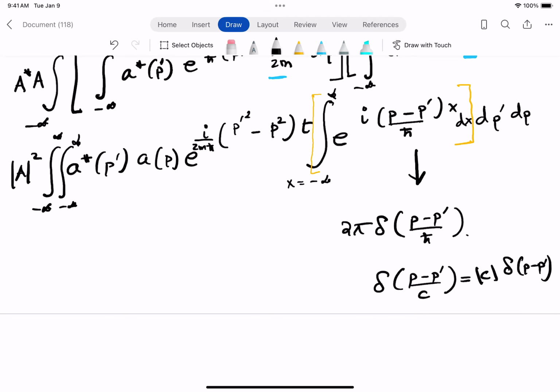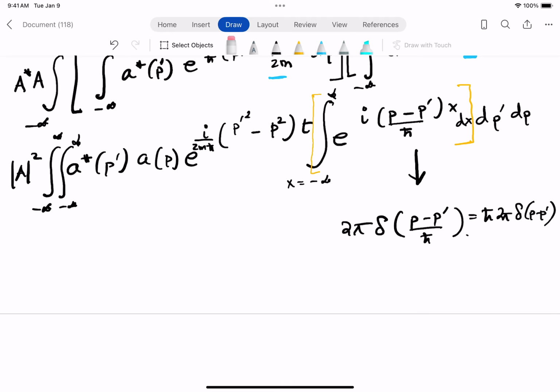That's a property of the delta function. So this can be written as h bar times 2 pi delta of (p minus p prime). That's what that is.